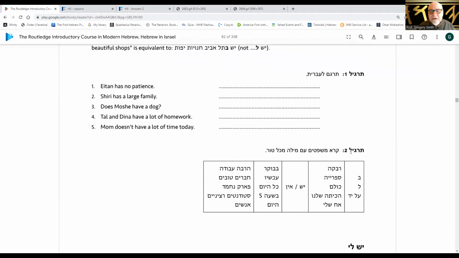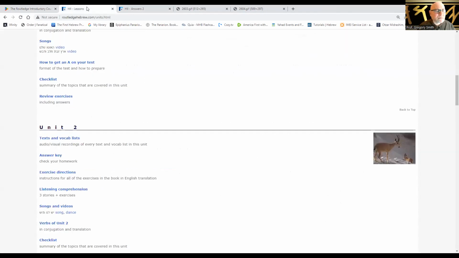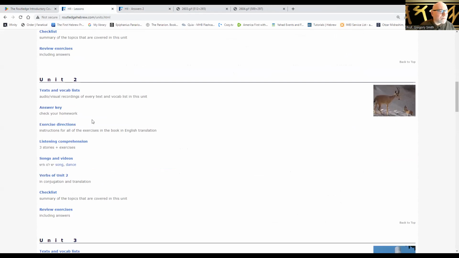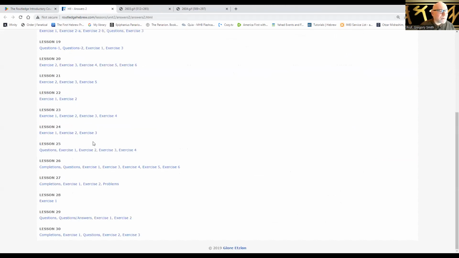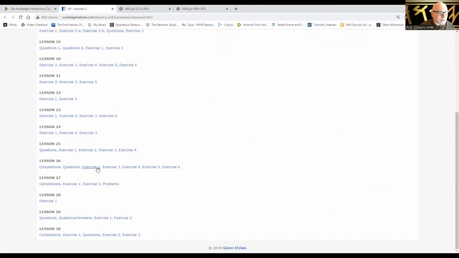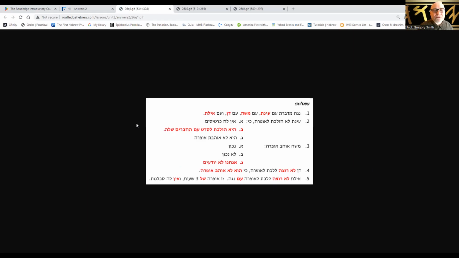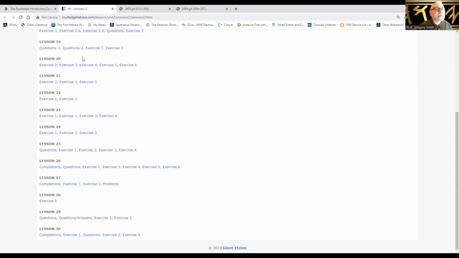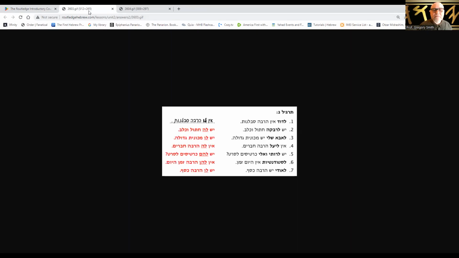Oh, this does say Targila 2. We're on 26, right? Yeah, we're on 26. So this is Targil 2. Yeah, it jumps. Look at that. It jumps. Does not give us the answer key. Okay.